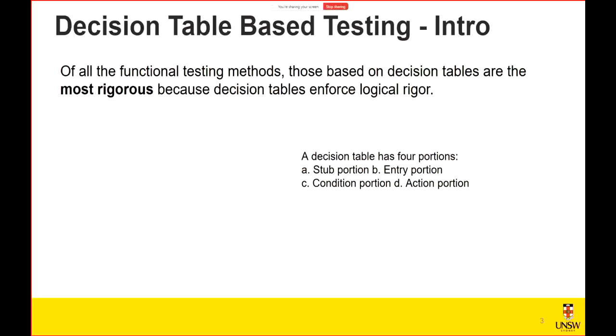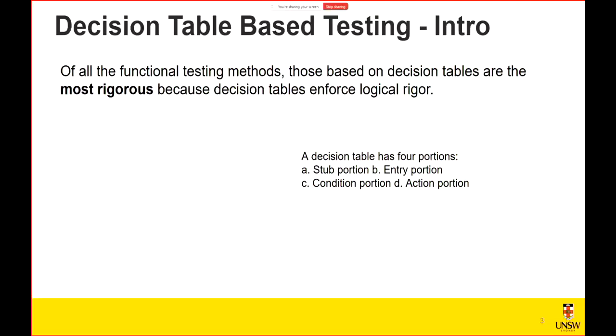So this is why it is called decision table-based testing. And it is considered to be more rigorous than the previous techniques we have learned, because the decision tables can enforce logical rigor, and we will learn about why it can enforce such kind of logical rigor later.